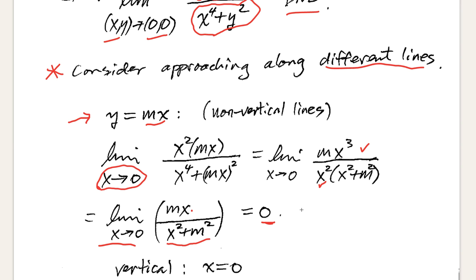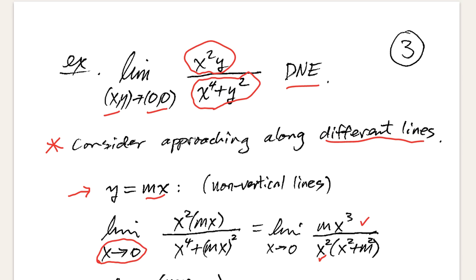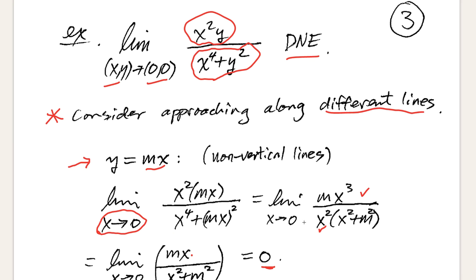So the point is that whenever we approach the origin along a line that is not vertical, we always get a limit of 0. I still claim the limit does not exist here.